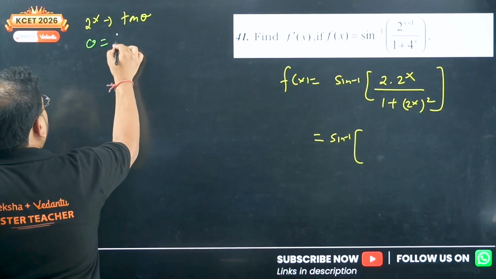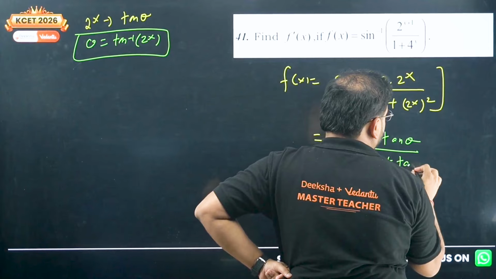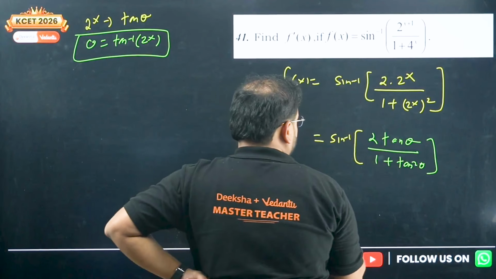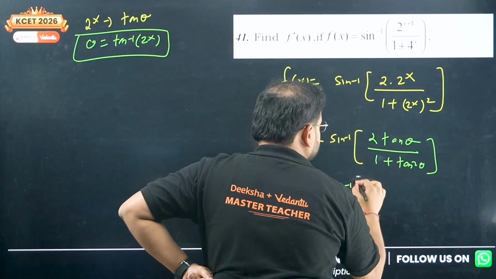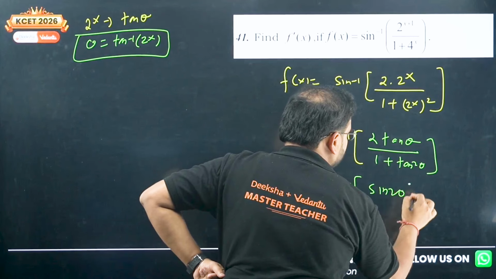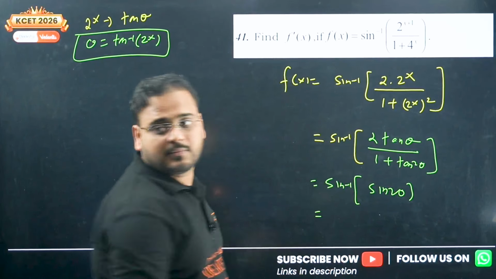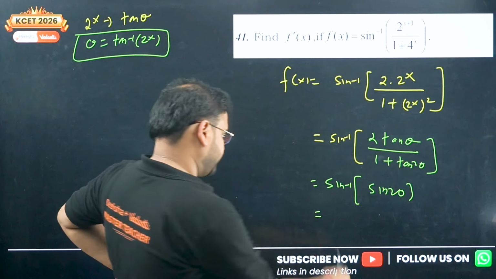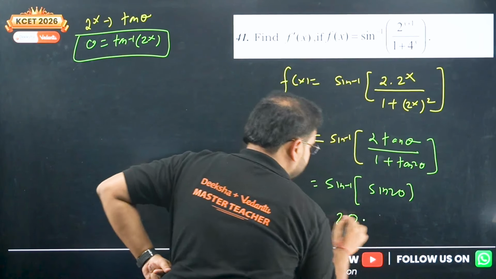That's fine. So we have 2 tan theta upon 1 plus tan square theta. If you know the formula for this as sine 2 theta, this whole thing becomes what? 2 theta. This is your f of x.